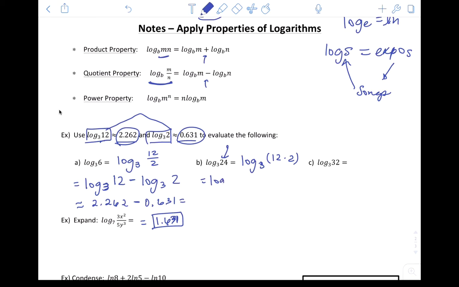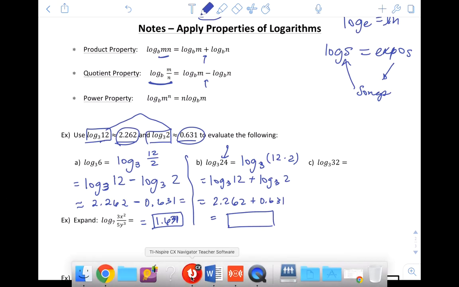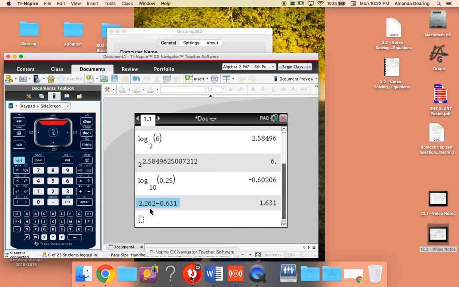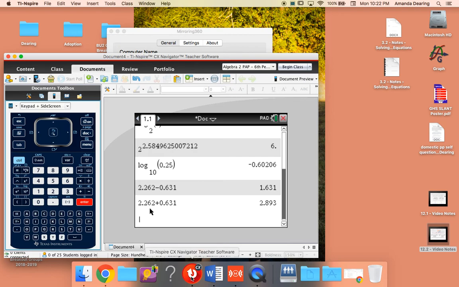So that is really log base 3 of 12 plus log base 3 of 2. Based on the information you were given, that would be 2.262 plus 0.631. Remember, you can go up arrow and highlight. Apparently that's 2.893.